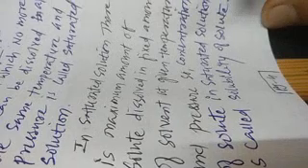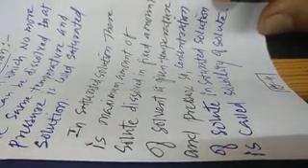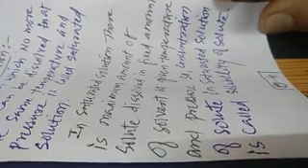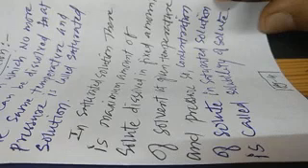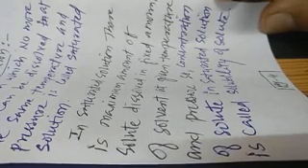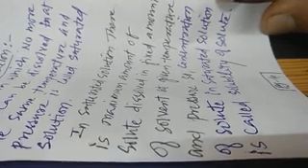So, the concentration of solute in a saturated solution is called the solubility of the solute. Remember, my dear students, this is another definition of solubility: the solubility is the amount of solute present in the saturated solution.